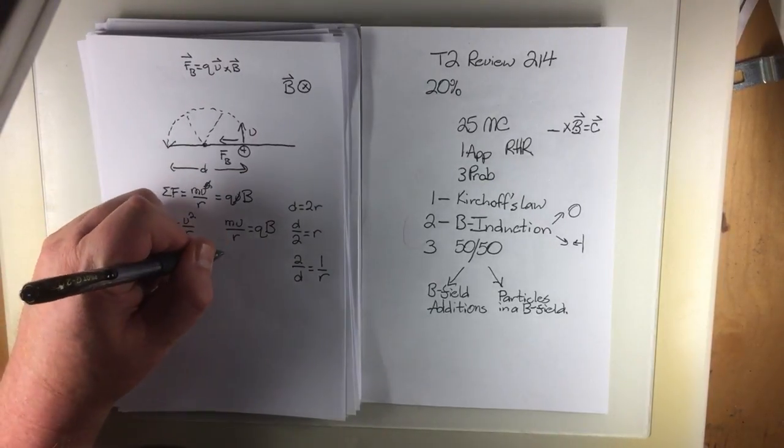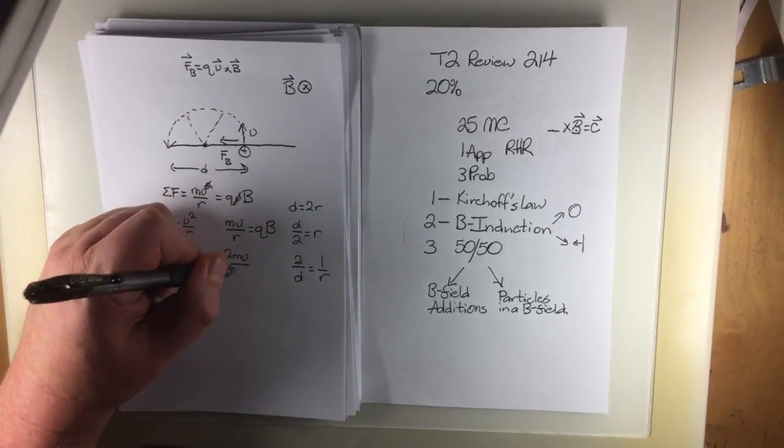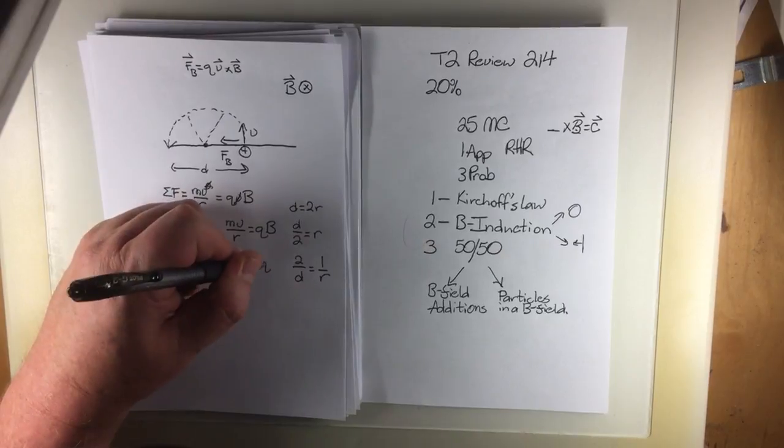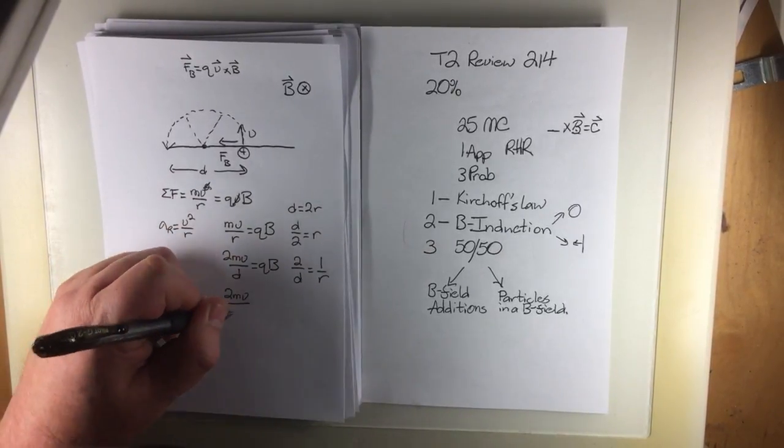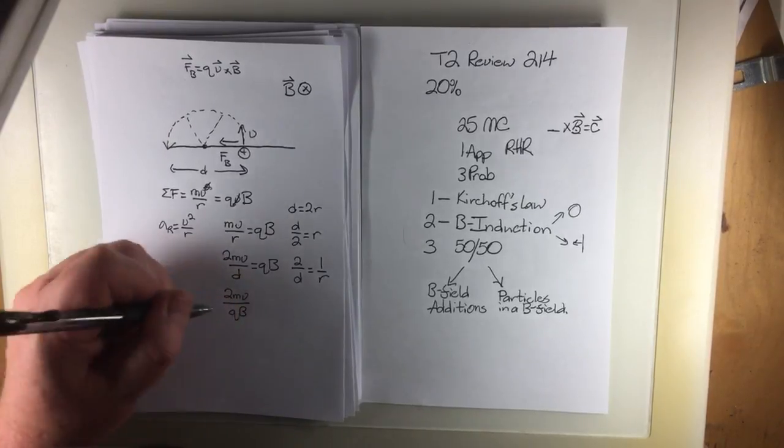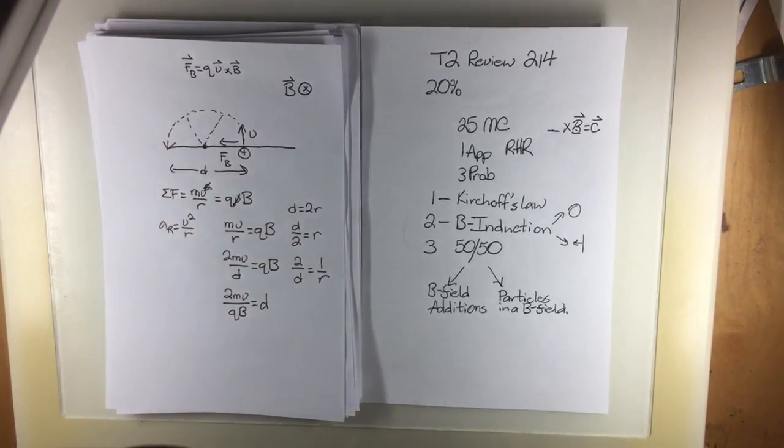So then this becomes 2mv over d is equal to qB, or 2mv over qB is equal to d. So a lot of this is algebra play, looking for particular values.